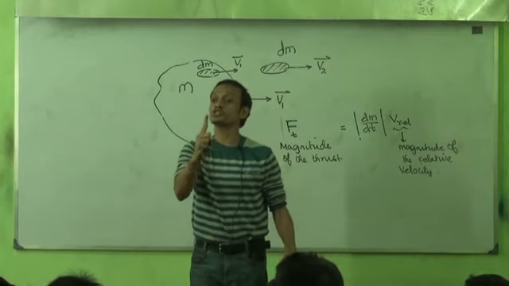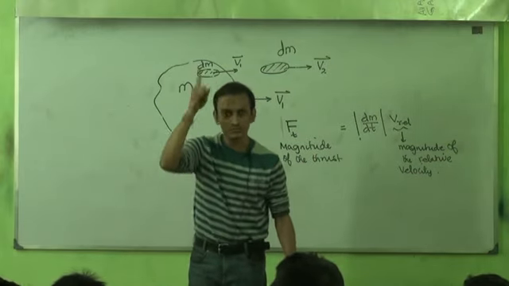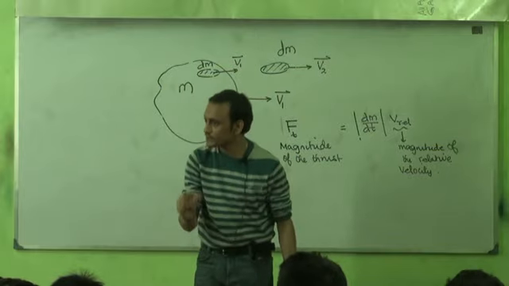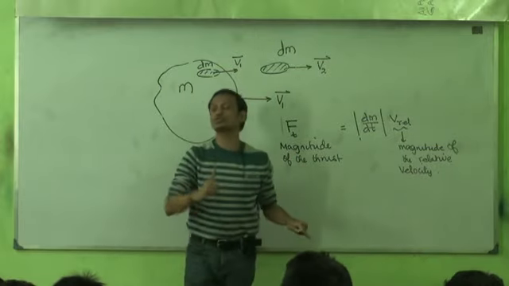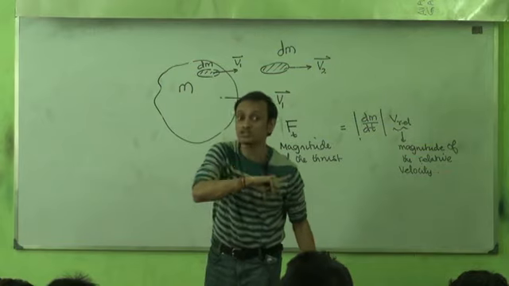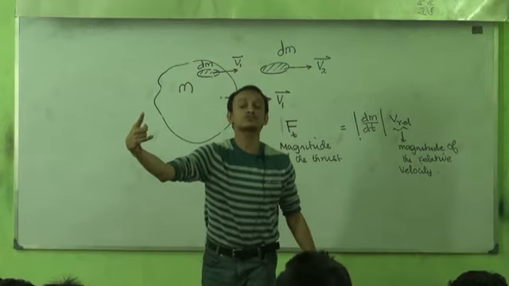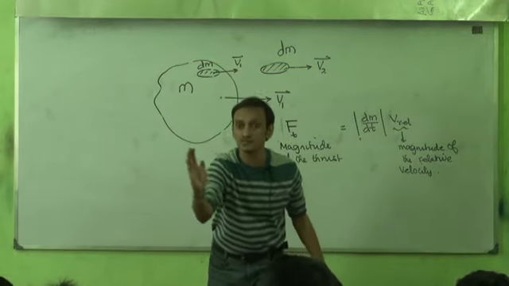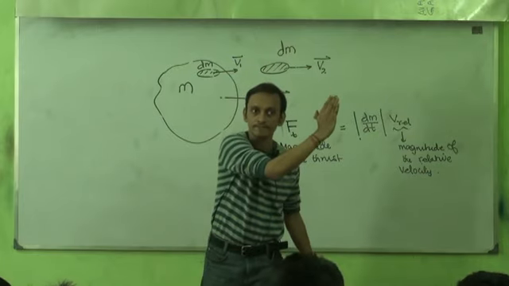Again, for a system with a decreasing mass, the direction of the thrust acting on the system would be opposite to the relative velocity of the mass that is being thrown away from the system.